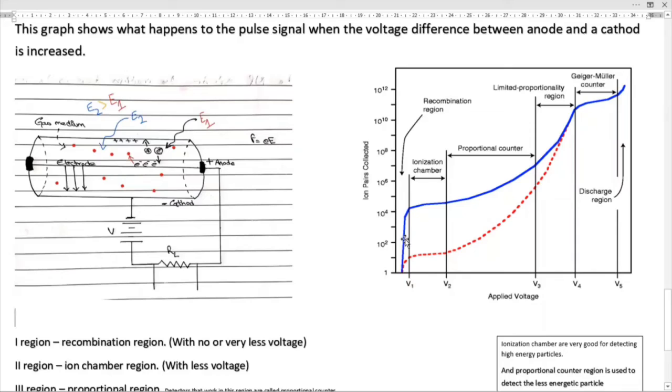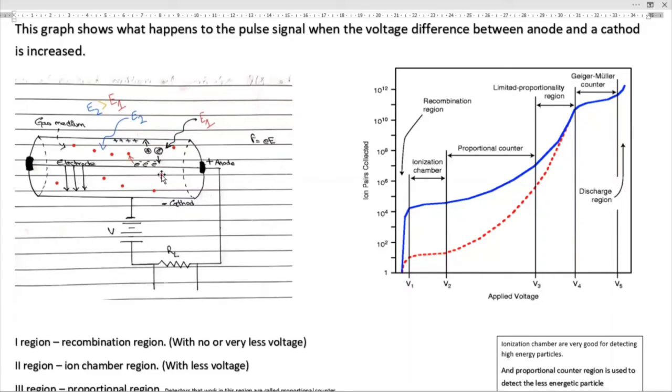A further increase in the applied voltage will lead to secondary ionization. The free electrons and positive ions receive enough energy from the high voltage supplied, and when they collide with other gas molecules they impart energy and ionize them, forming secondary ionization. And in this proportional counter region, the pulse signal increases proportionally to the applied voltage.